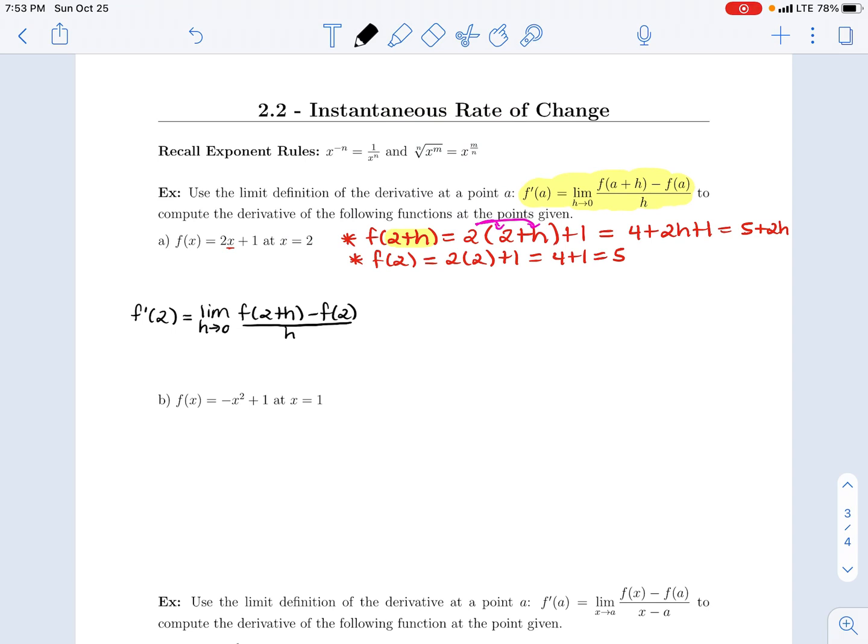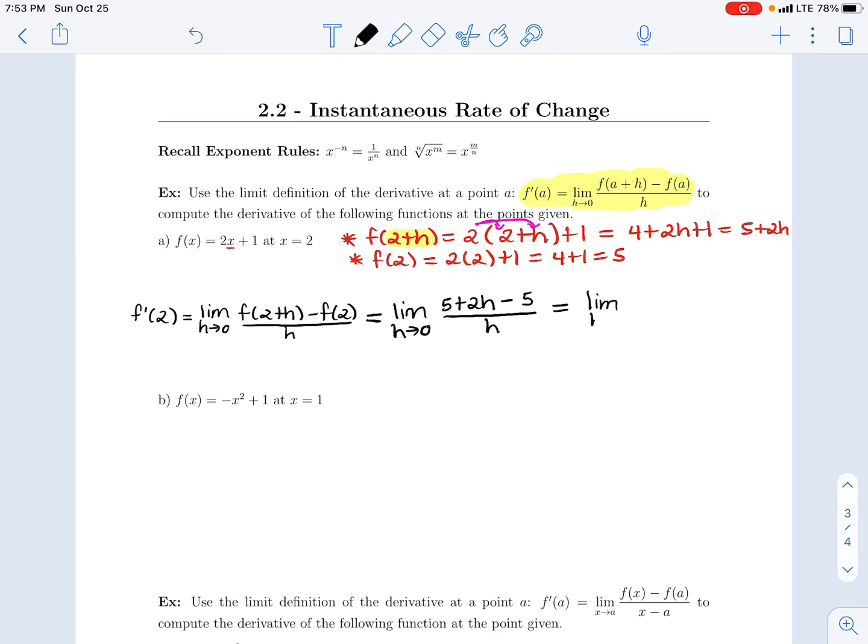Okay, so now going back to our limit. I have the limit as h approaches 0 of f of 2 plus h minus f of 2 all over h. So I'm just going to plug in what I just found into this. So I have the limit as h approaches 0 of 5 plus 2h minus 5 all over h.